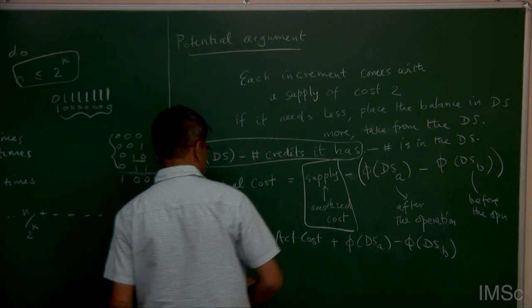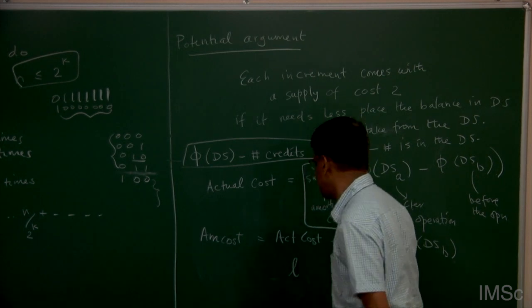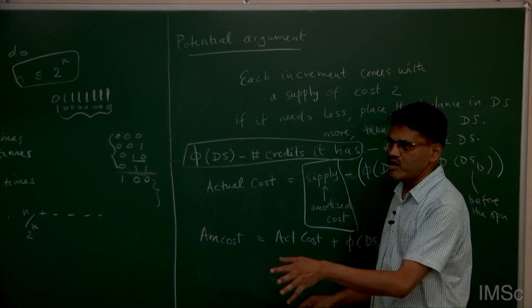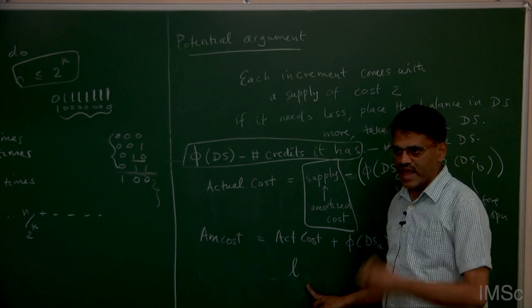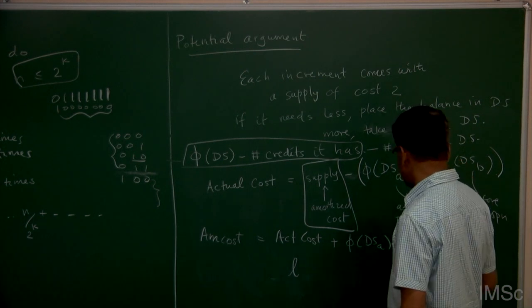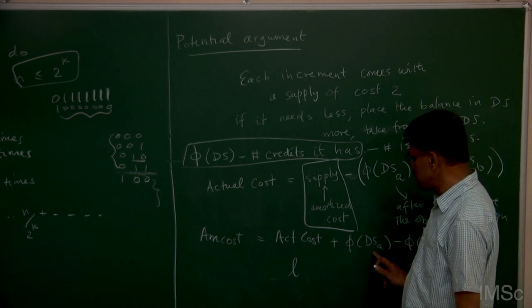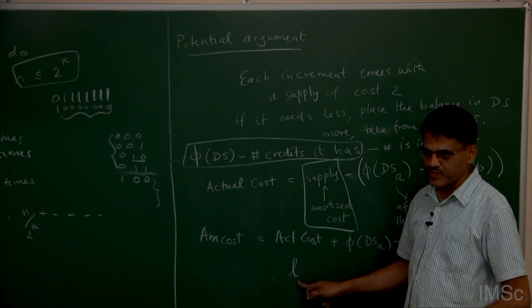Suppose the increment operation performs some L flips. Okay, it varies from 1 to k is what we saw. Suppose the actual cost is L flips. Then what happens to the potential difference? You will see that out of the L flips, L minus 1 are 1 to 0 flips.